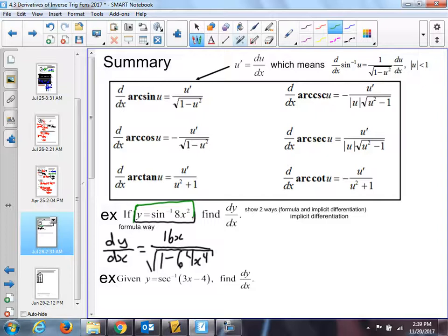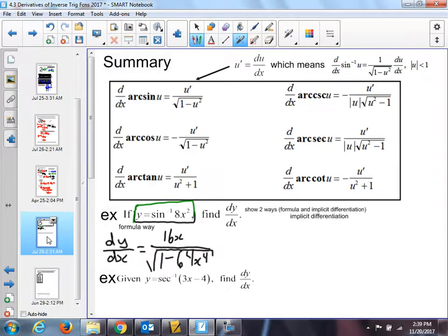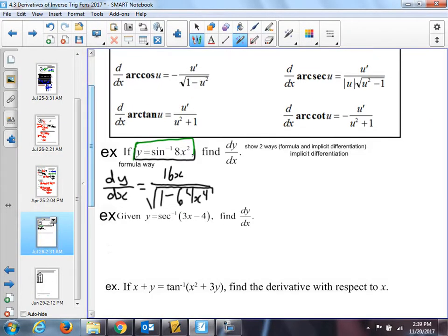What could we say there? If I say y is equal to sine negative 1 of x, that really means x equals the sine of y, right? So give me a statement like that here. What does this mean if you're not talking inverses?